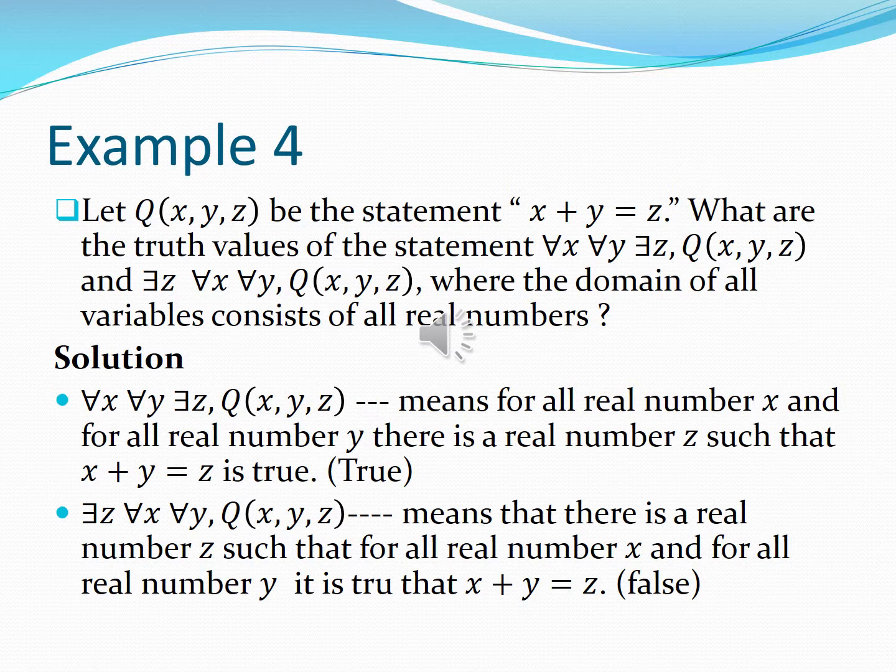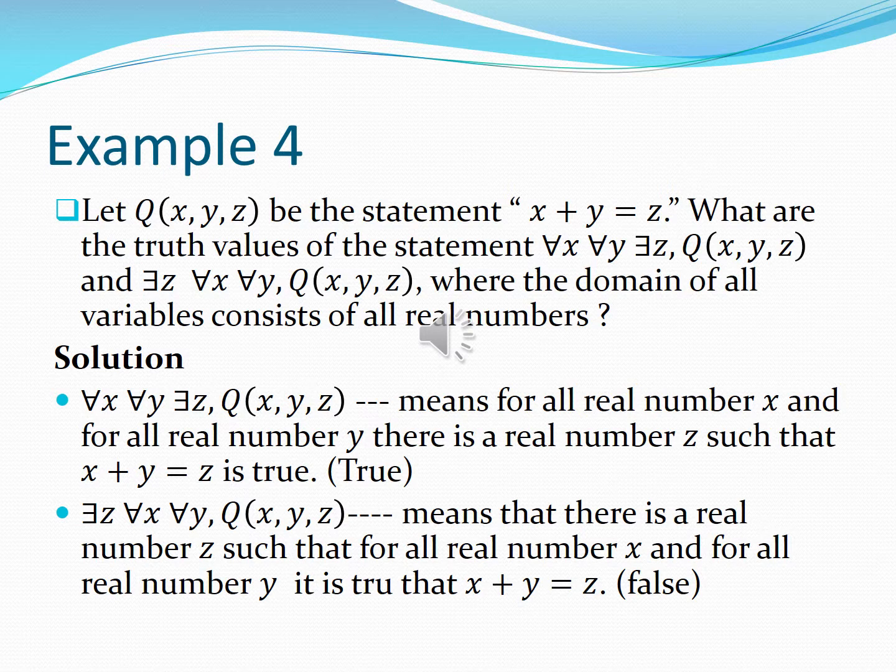Example 4. Let q of x, y, z be the statement x plus y is equal to z. What are the truth values of the following two statements? The first statement: universal quantifier x, universal quantifier y, existential quantifier z, q of x, y, z.